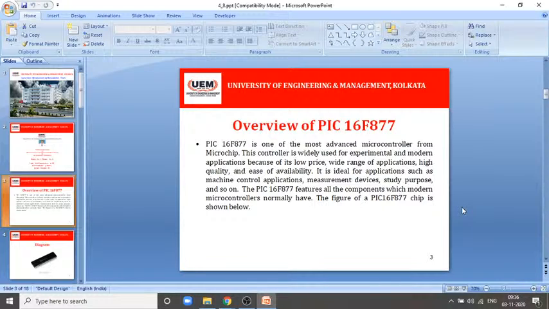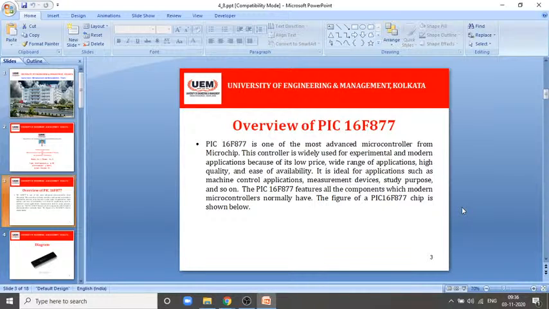Peripheral devices are analog to digital converter, digital to analog converter, timer, counter, etc., and serial ports.